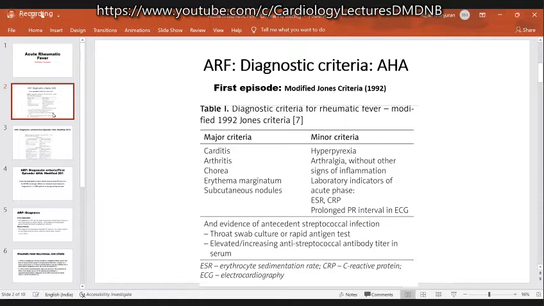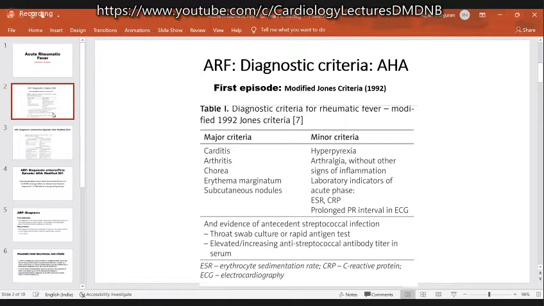In 10 to 20% of cases, you may get anti-DNase as the antibody for the diagnosis of streptococcal infection. Streptolysin O titer may be elevated in 80 to 90% of children with acute rheumatic fever, but in about 10 to 20% it may not be elevated.